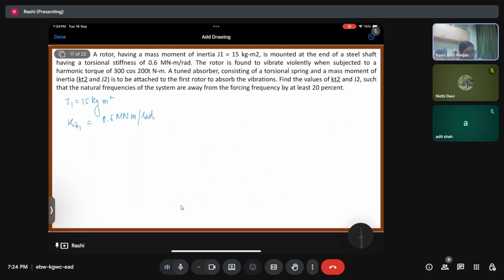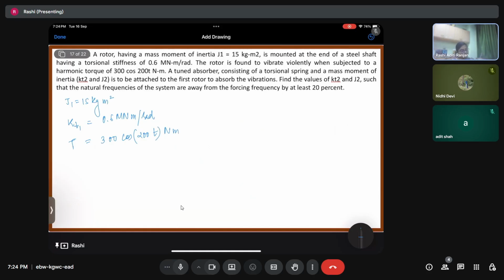Then the rotor is found to vibrate violently when subjected to a harmonic torque of 300 cos 200 t Newton meter.